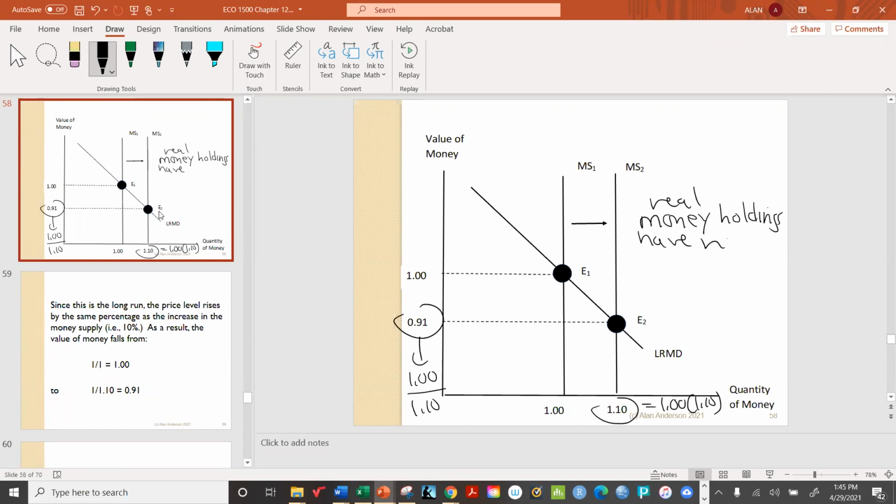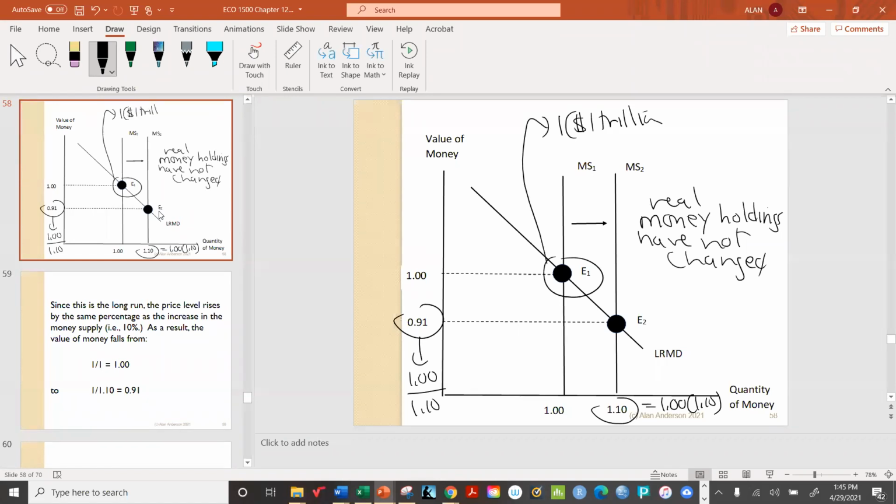But if you notice, if you multiply these together, real money holdings have not changed. Because initially, when we were here, the real money holdings were 1 trillion times 1. Whereas down here, we're looking at 0.91 times 1.10 trillion, and that product is just 1 trillion.